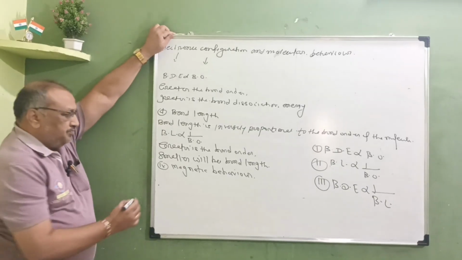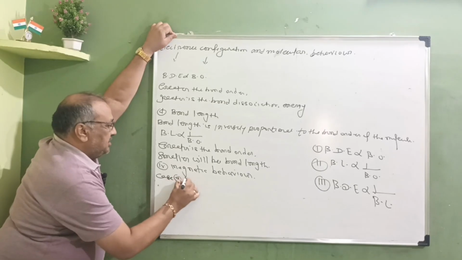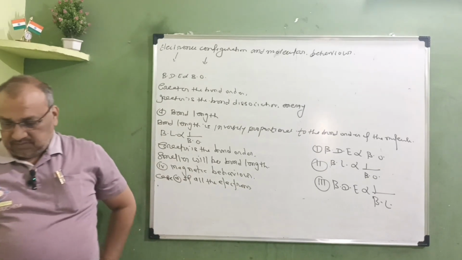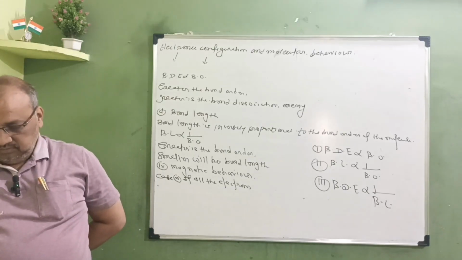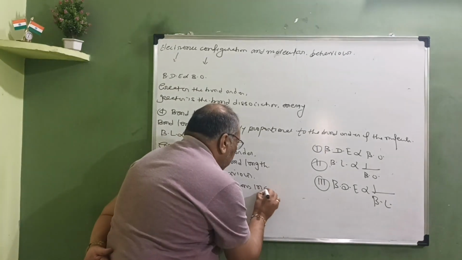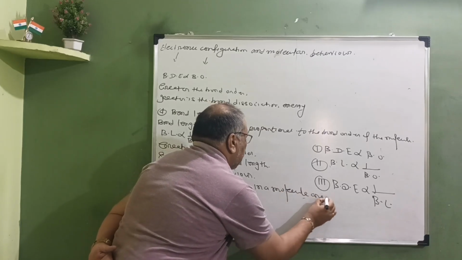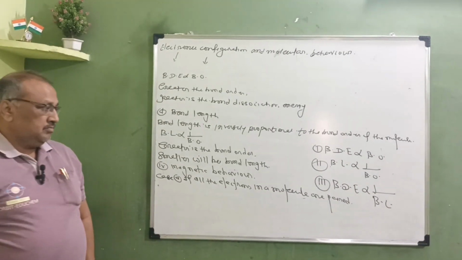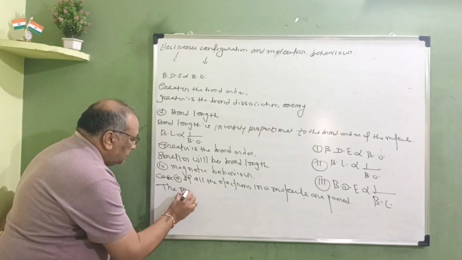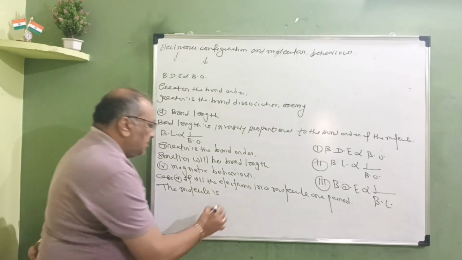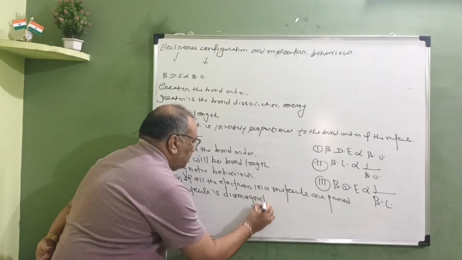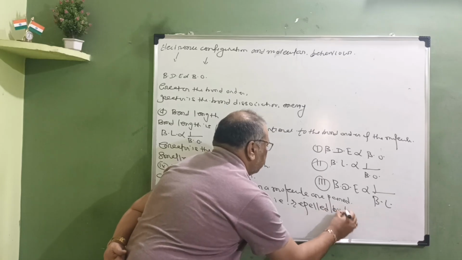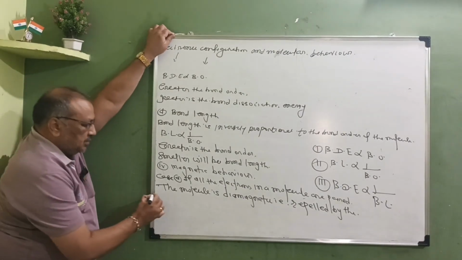That means here, write down case 1, if all the electrons in a molecule are paired, then the molecule is diamagnetic, that is repelled by the magnetic field.